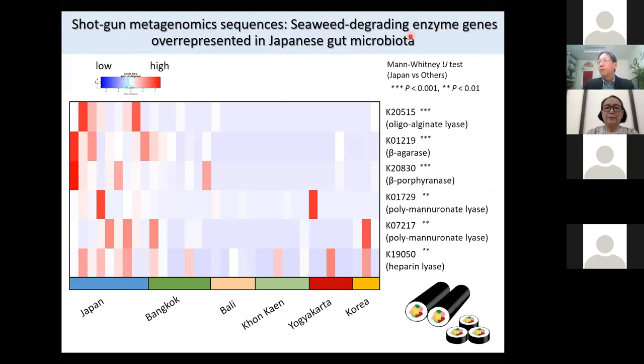This may be due to the daily dietary habit in which we eat seaweed and algae every day. So that kind of dietary component may promote the growth of bacteria including these seaweed-degrading enzymes.